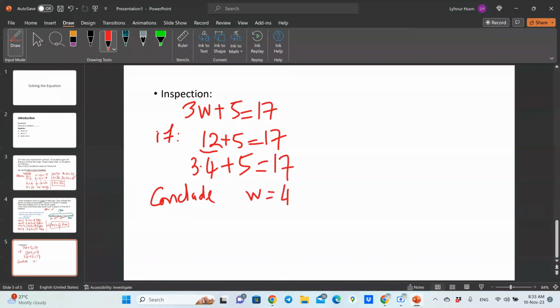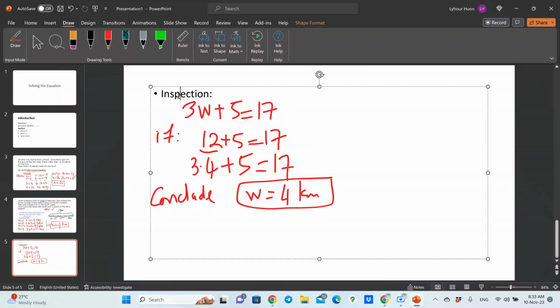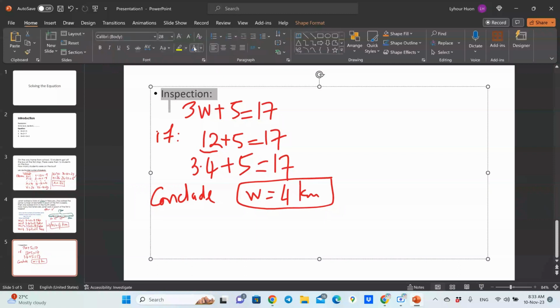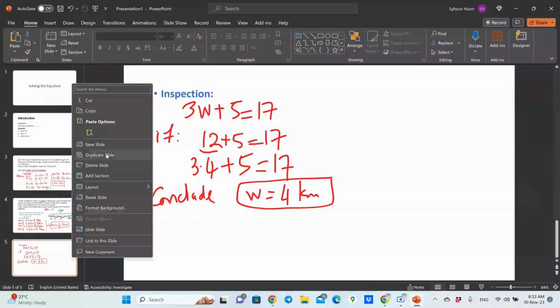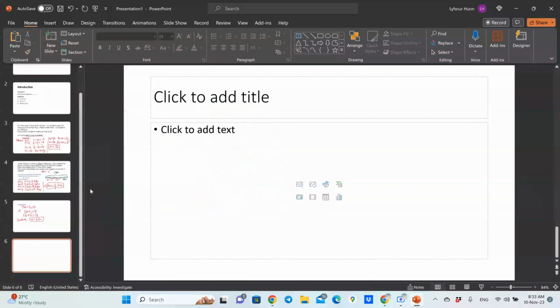So this is the method of inspection. There are many ways to solve the equation, but let's go bit by bit. Now let's go to a little bit bigger exercise.